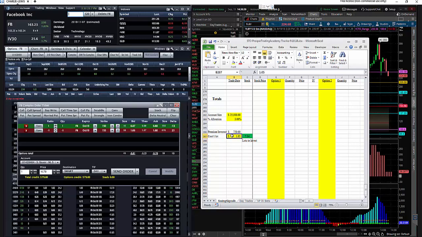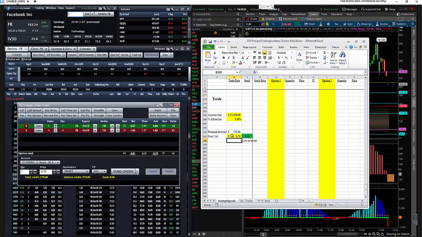Well, do I put in 79 cents and then I do 9 or 10 of these? No, because why? Because it's my risk. My risk in the debit spread that we talked about before, the most I can lose was whatever I paid in premium, which was $1.05. Here, my risk is the width of the spread less any premium that I take in.